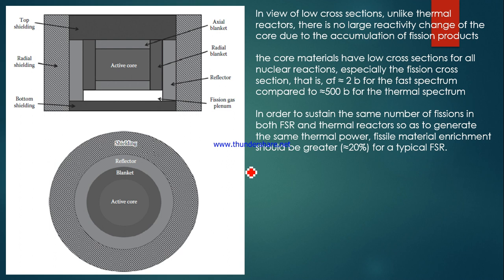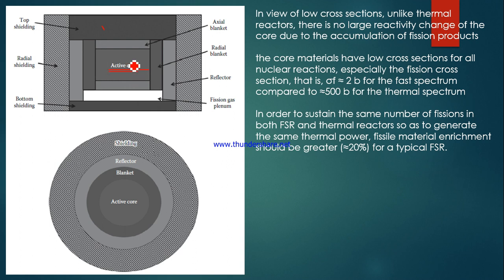So this is the typical cross-sectional view of a fast reactor. You see, this is the active core.